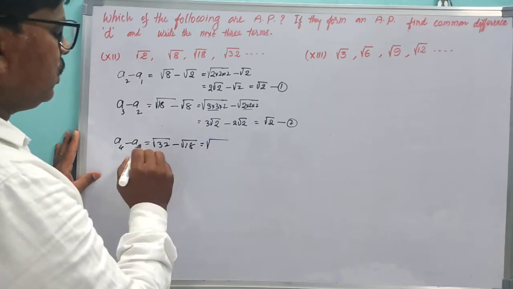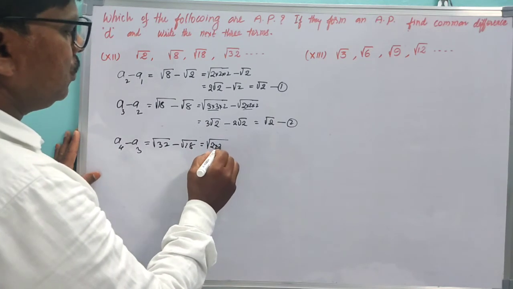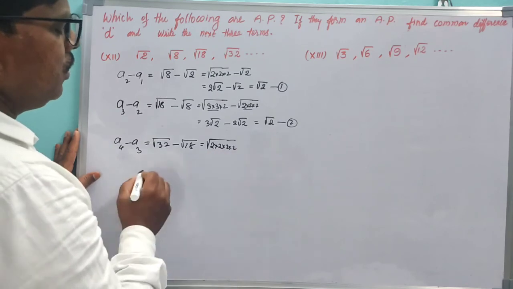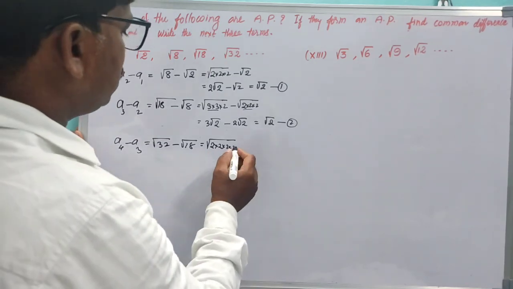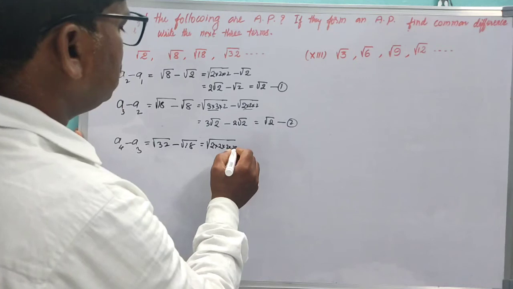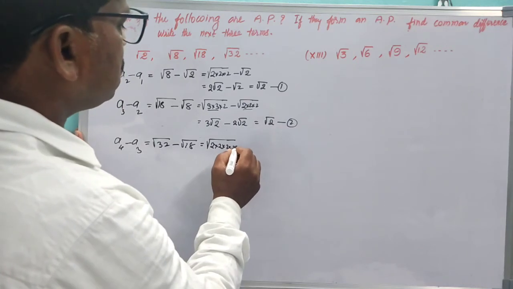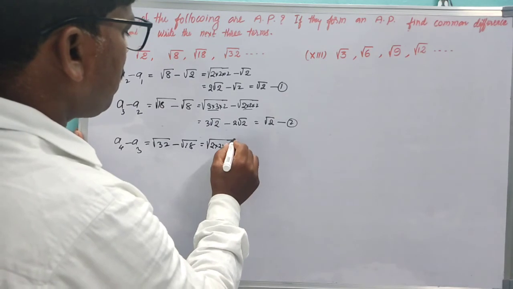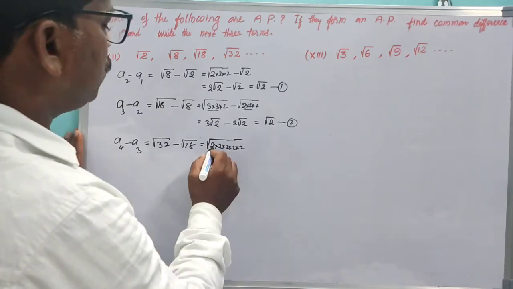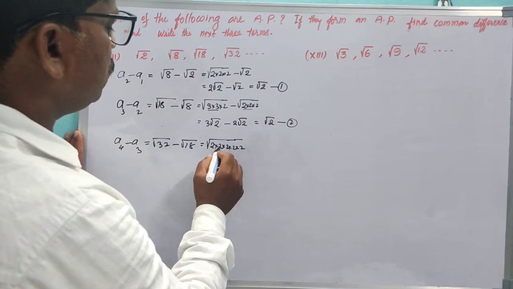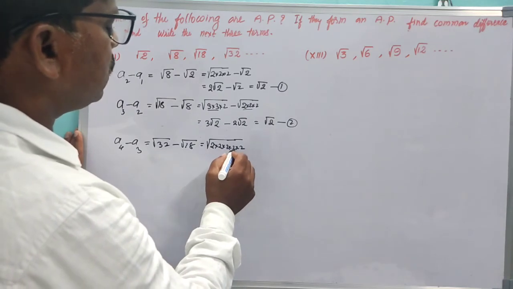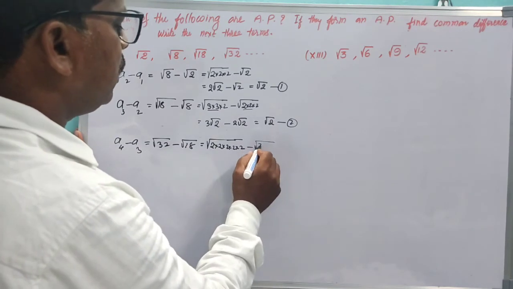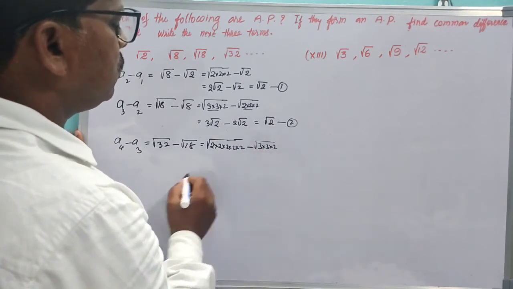So what is under root 32? 32 can be written as 2 into 2 into 2 into 2 into 2, 2 2s are 4, 4 2s are 8, 8 2s are 16, 16 2s are 32. And 18 is written as 2 into 3 into 3.